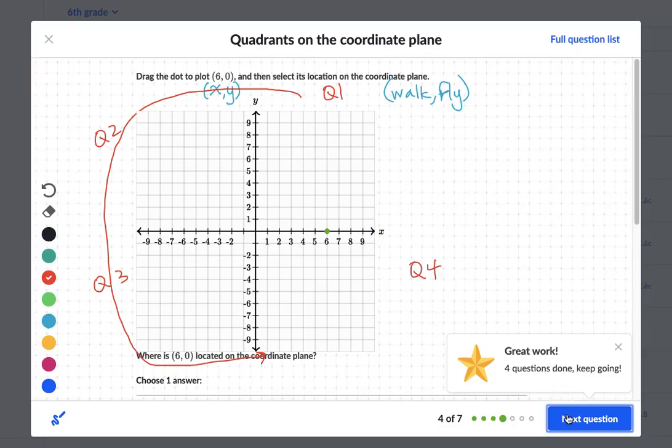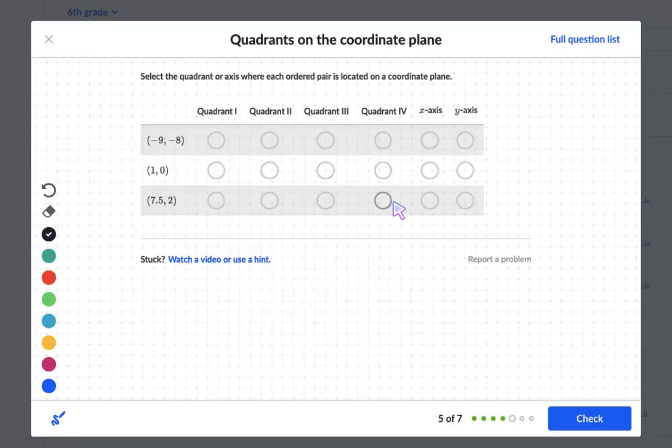Let's try one more. Ooh, this one looks scary. So this one wants us to select the quadrant or axis where each ordered pair is located on a coordinate plane. Go ahead and pause the video, try this on your own first. All right, so what I noticed is they did not give me a coordinate plane.